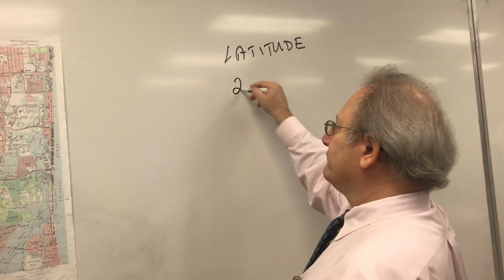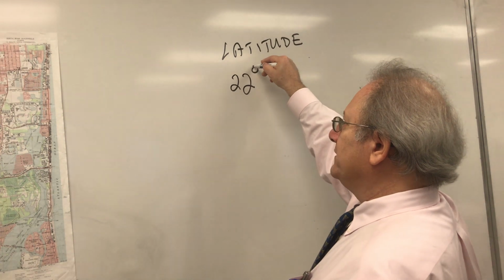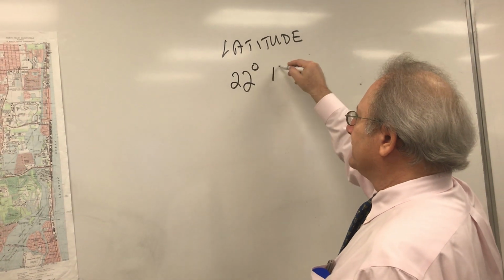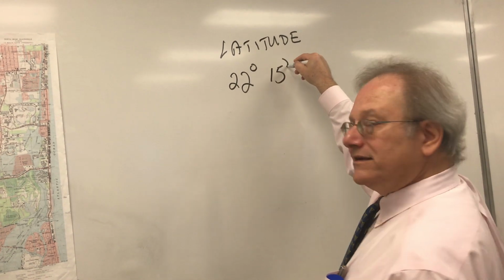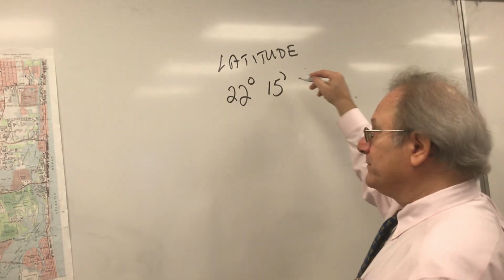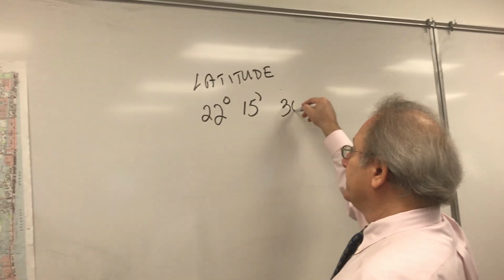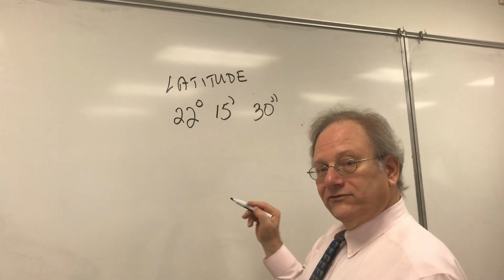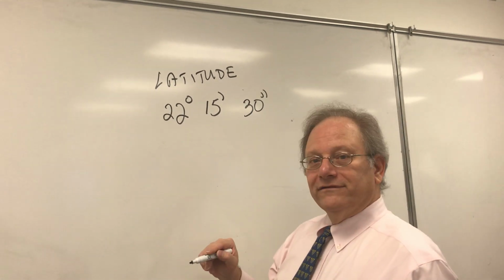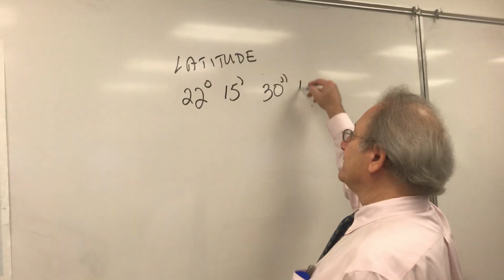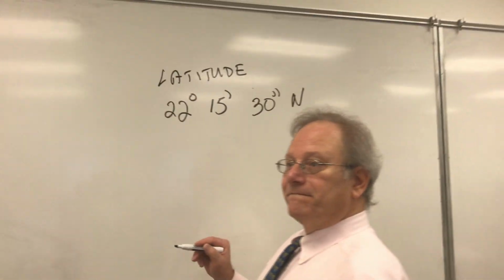So you might have 22 degrees, 15 minutes, we use the apostrophe for minutes, and 30 seconds of, let's say, north latitude.